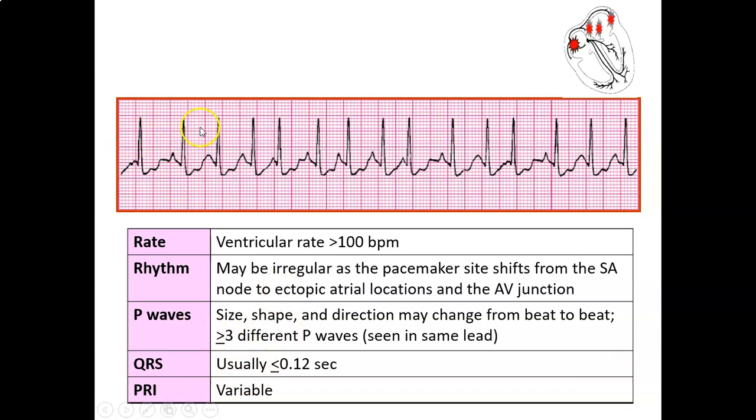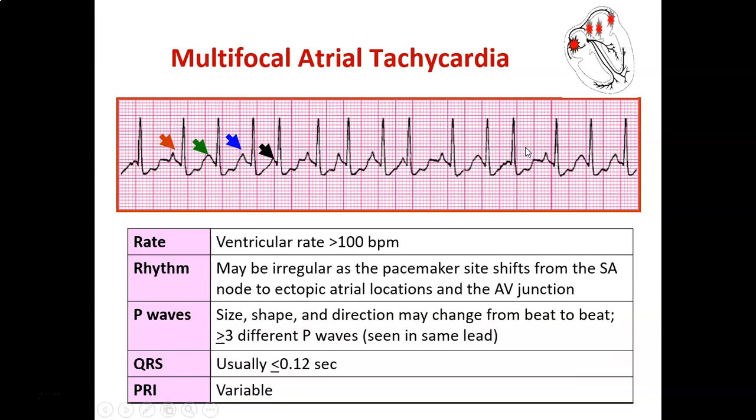QRS complexes are narrow, so it means they are coming from above the ventricles, like from the atria, and the PR interval is different because the P wave shapes are different. So again, here there are 3 different types of P wave. The source definitely moves from one place to another. They are narrow complexes. So this is called multifocal atrial tachycardia.